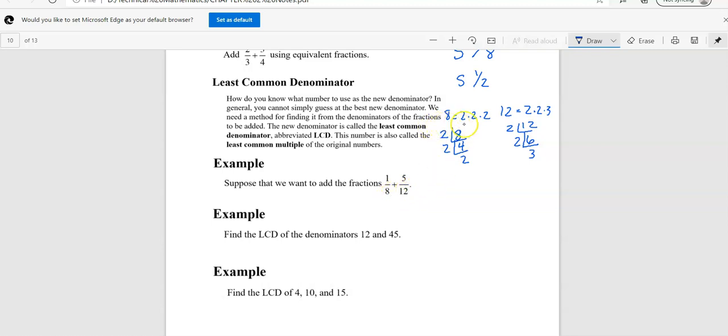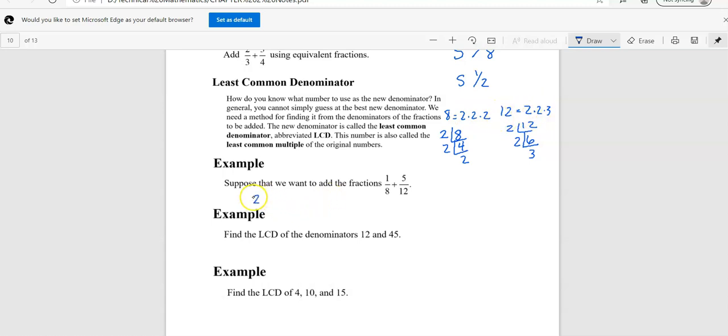And I'm using this strategy to find my least common denominator, which is also going to be the least common multiple. So we want to compare these two lists and ask ourselves, what's the most amount of 2's I have in either list? Well, this one has 3, and this one has 2.